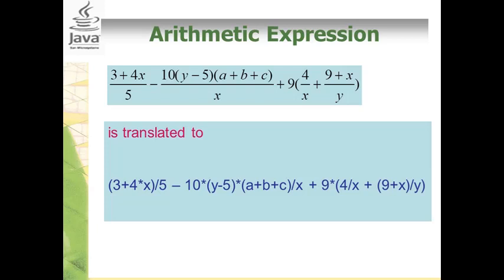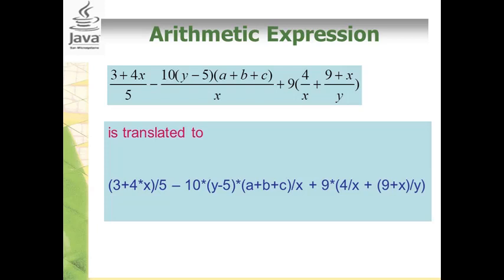Similarly, the second expression, 10 times 5 minus 5 times a plus b plus c. The better way is to put the whole thing in one bracket. We are going to have bracket inside bracket. A safer way is to put the whole thing in a bracket like we did in the first division: 10 times 5 minus 5, then bracket, after that divide by x.